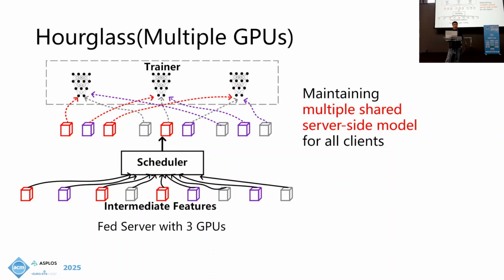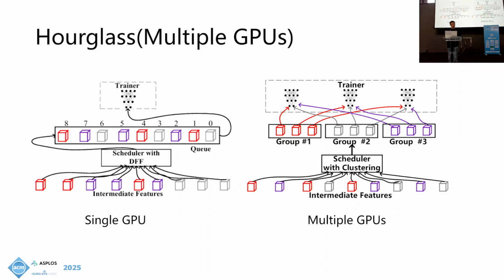So in this case, the Fed server needs to maintain 3 shared server-side models, and similar to the single GPU configuration, the Fed server does not need to swap in and swap out the server-side models.